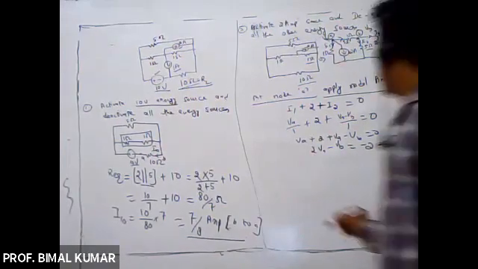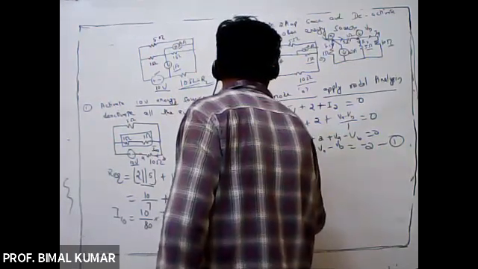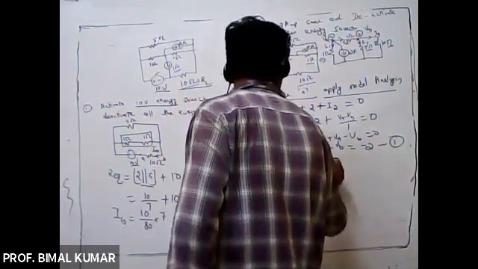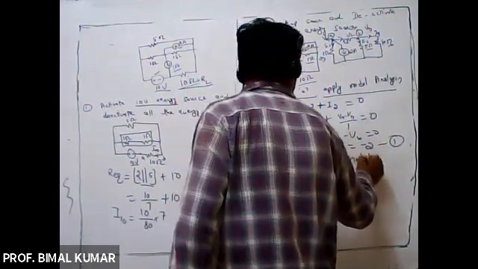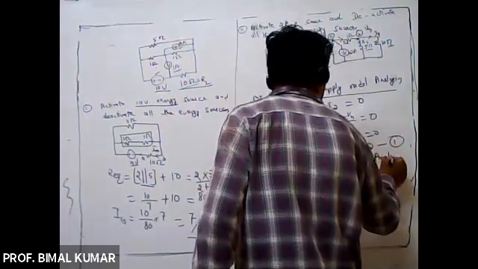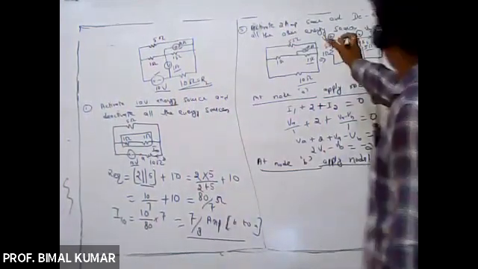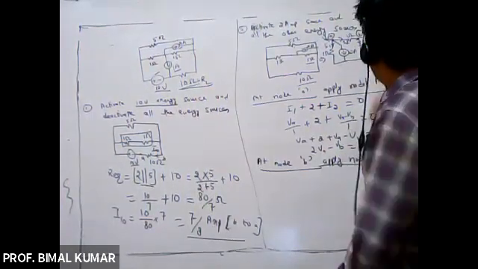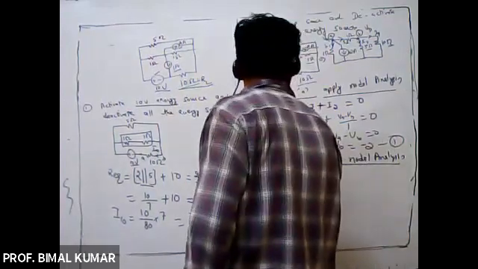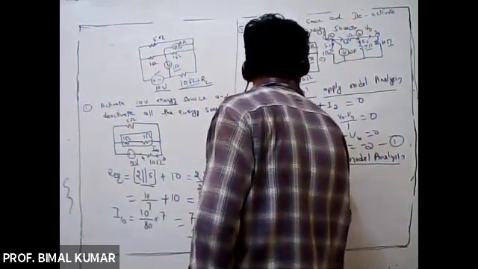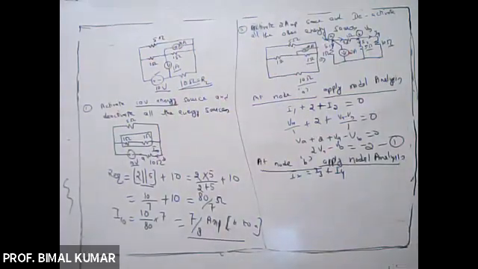Now at node B, again apply KCL or nodal analysis. I2 is incoming, I3 and I4 are in the outgoing direction. So I2 is equal to I3 plus I4.